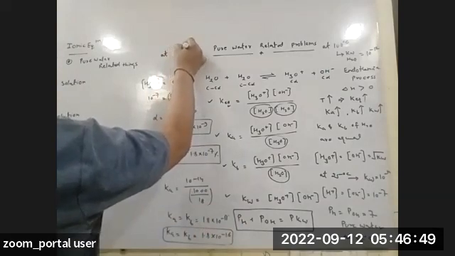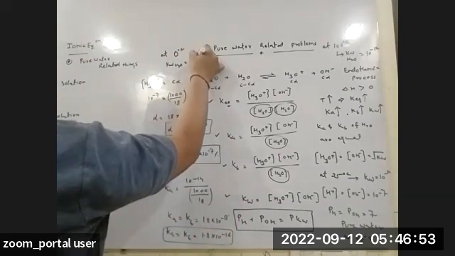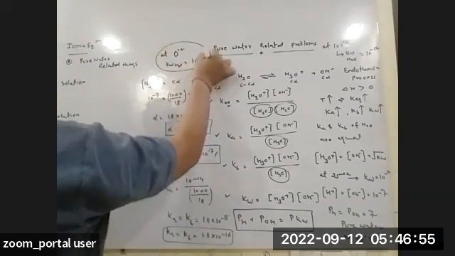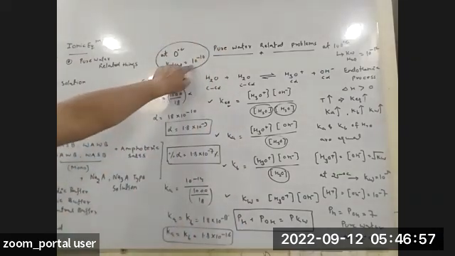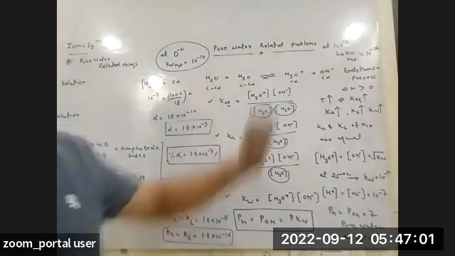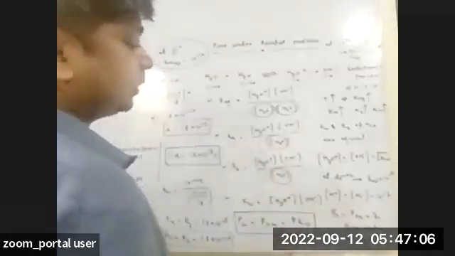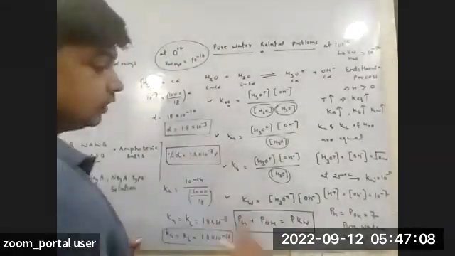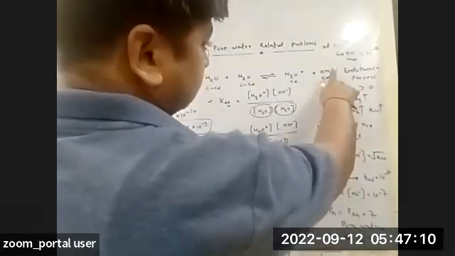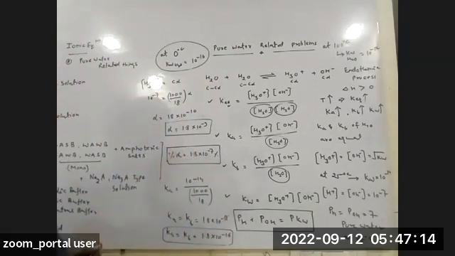Similarly, at 0 degree centigrade, Kw of water can be given, let's say 10 to the power minus 16. Then everything will be related to 10 to the power minus 16. Here it will be related to 10 to the power minus 12. But if nothing is specified in a problem of ionic equilibrium, then we will always consider that temperature is 25 degrees centigrade and solvent is water.